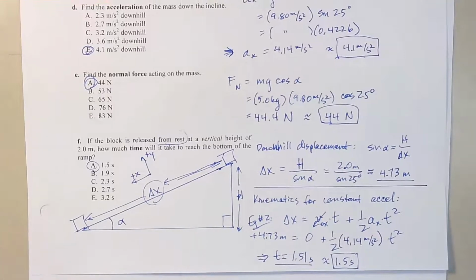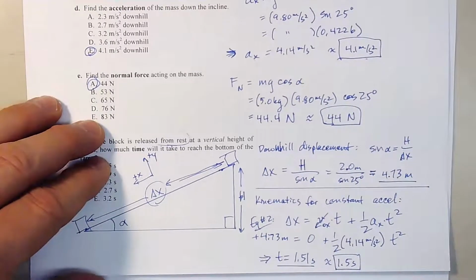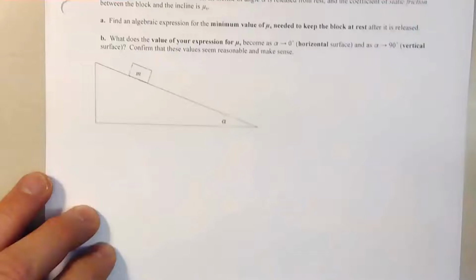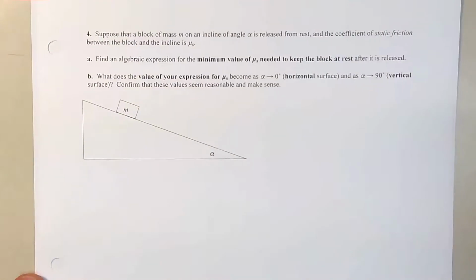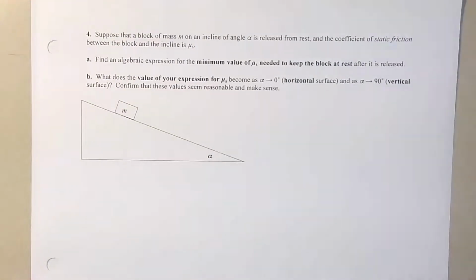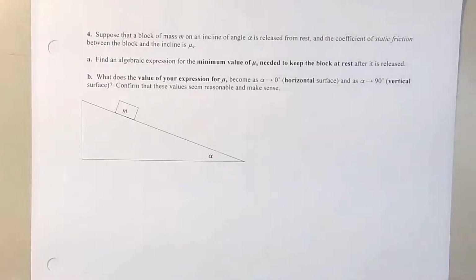Okay, let's now go to example question number 4, which doesn't have any numerical values, but this is just one more algebraic problem. And this is asking us to consider the case of static friction for an object that's on the incline.